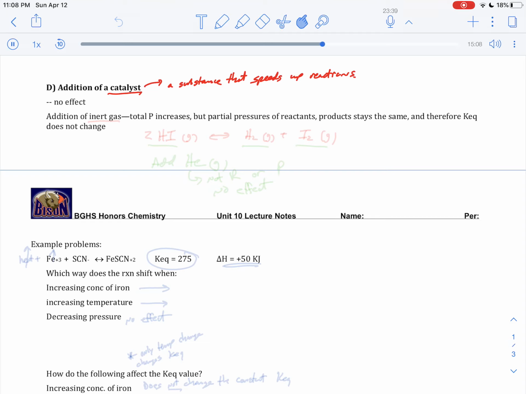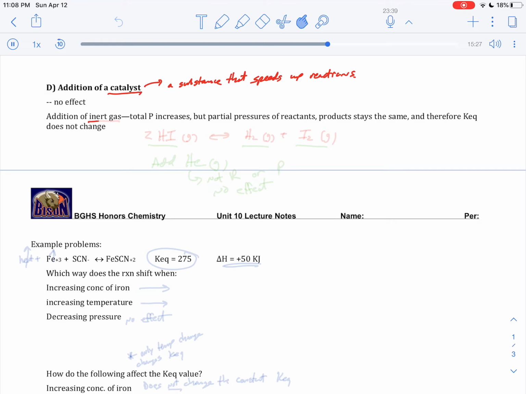If they tell you a catalyst was added, it does not have an effect on the equilibrium position, because it changes both the forward reaction and the reverse reaction equally. So that doesn't leave you with a different outcome, and that's why we say it has no effect.